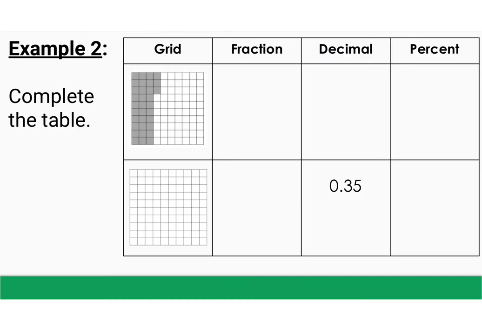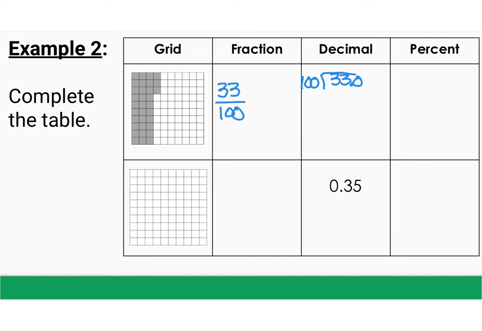Okay, example 2, we're going to complete this grid. So first things first, I have to look, and I have 33 shaded squares, and I know there's 100, so that would be 33 over 100. So as a decimal, I would take 33 and divide it by 100.